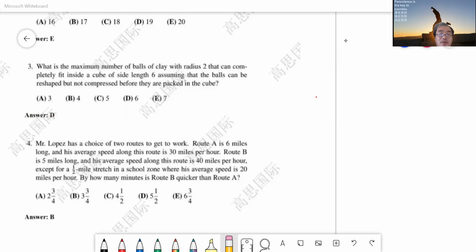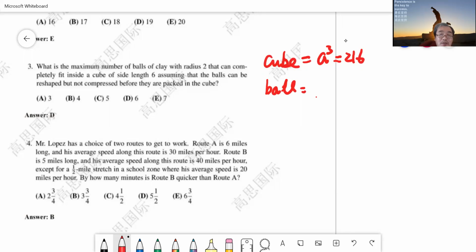So then we recall the cube. Its volume is the side length cubed. So for this one, the side length is 6, then that's 6 cubed. That's 216, right? Then we look at the volume of each ball, right?